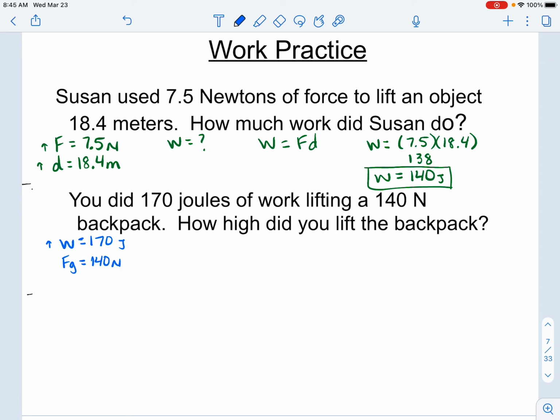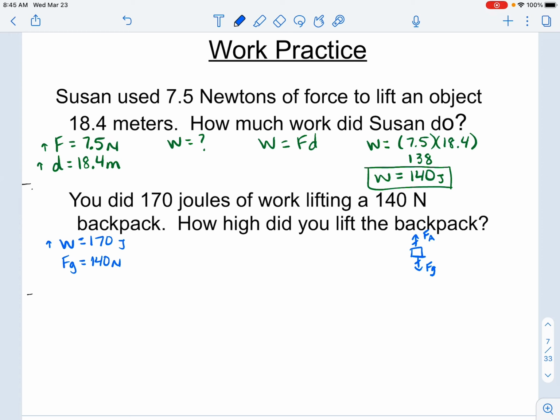Now, if you recall from our lesson, we said that we are going to assume that all lifted objects are going to be lifted at a constant speed. And if that is the case, then that means that the vertical forces need to be equal magnitudes in order for the object to have a constant velocity as it is lifted. This would be my force due to gravity or the weight.